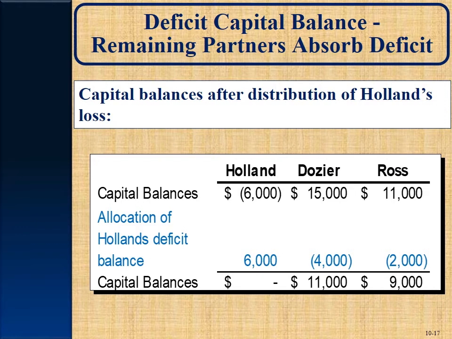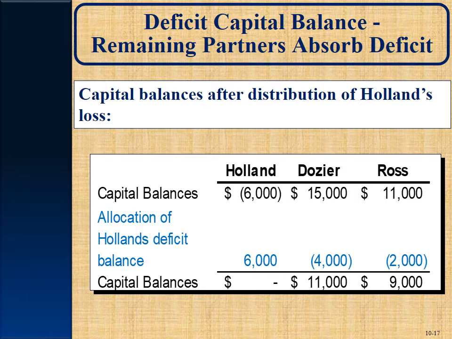Well, if they want their money now, they will take what's called a safe payment. And what that means is they're going to figure out what would be our payment if we were forced to absorb Holland's capital balance. They have to reduce each of their capital balances by the amount that they would have to absorb.